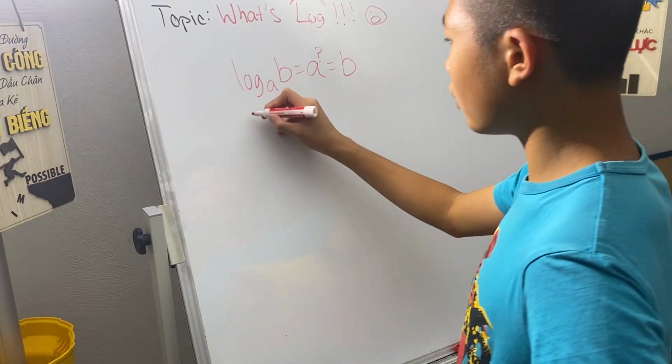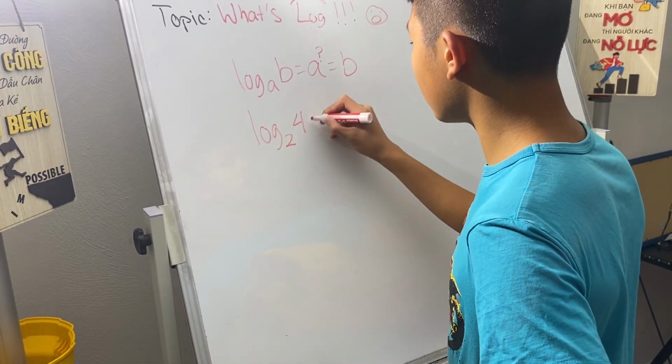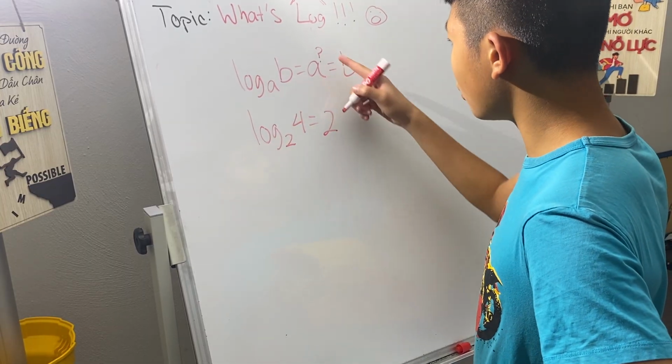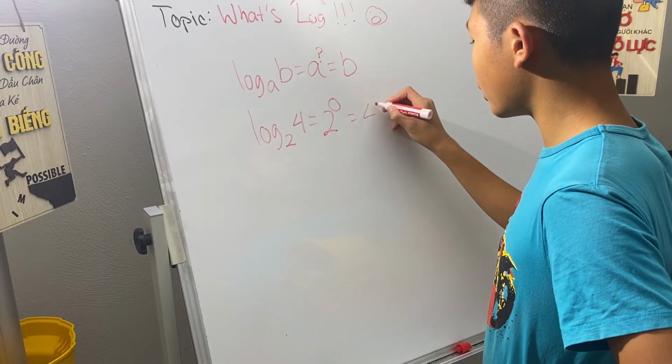So let's say you have log base 2 of 4. This will be 2 to the what power equals 4.